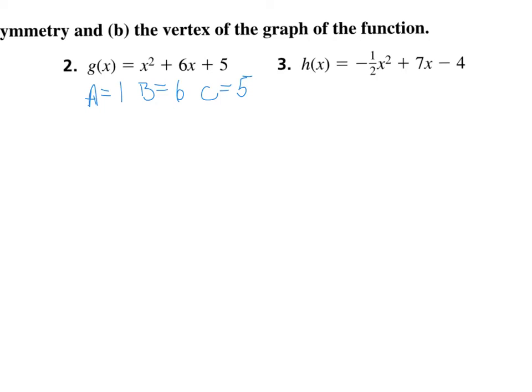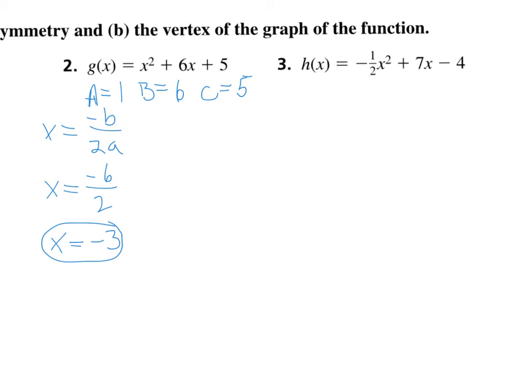So we're going to use the formula to find the axis of symmetry. The formula is x is equal to negative b over 2a. So negative b is going to be negative 6 over 2 times a, which is just 2. X is equal to negative 3. So that is your axis of symmetry.